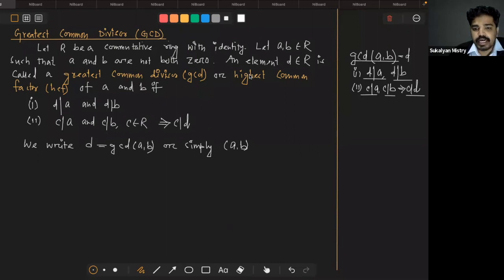Now what is relatively prime? If GCD of a, b is 1, that is a unit, then a and b are said to be relatively prime or prime to each other.